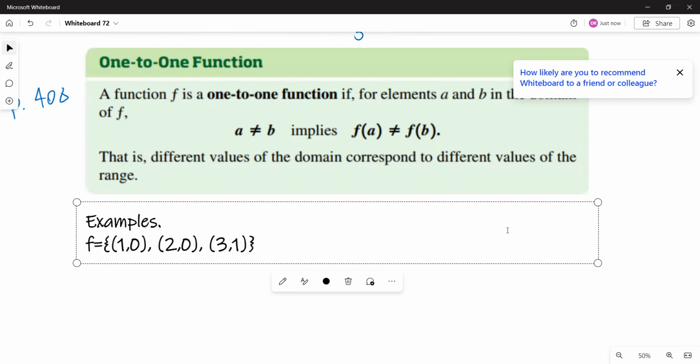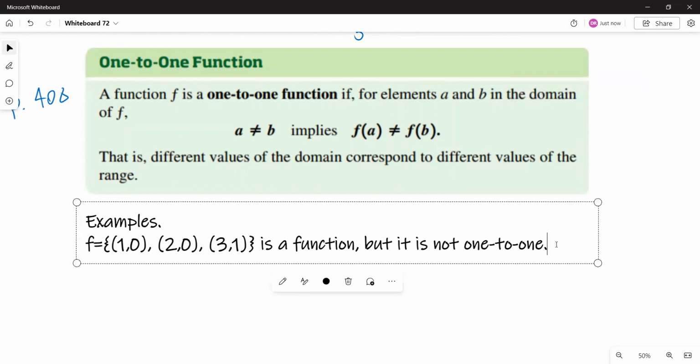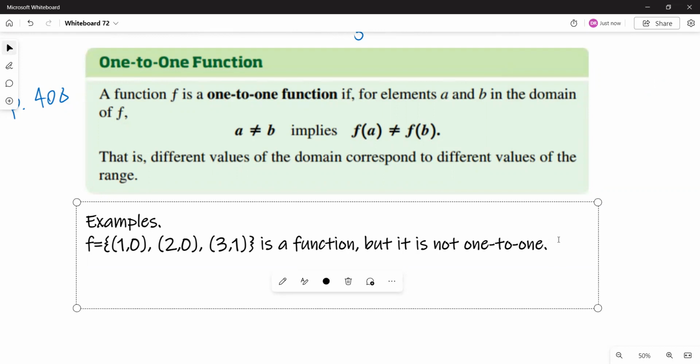This one is a function, but it's not a one-to-one function. You might have different x's corresponding to different y's, so not two x's can correspond with the same y.